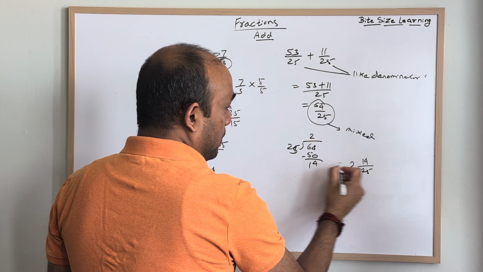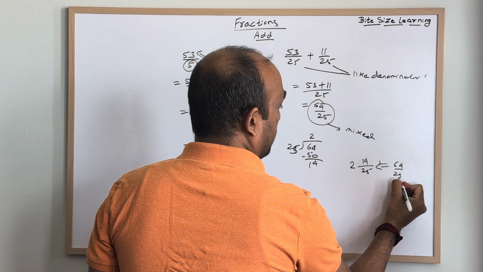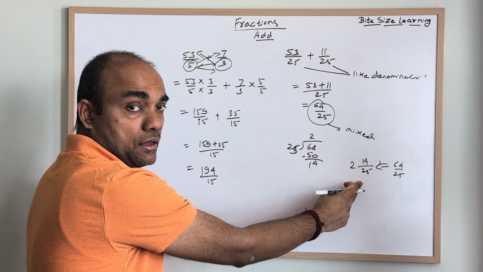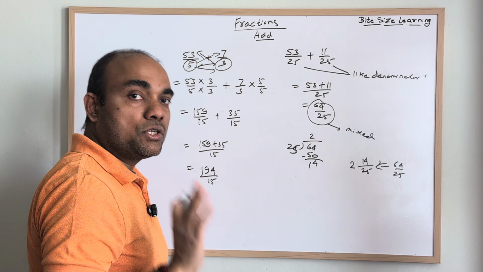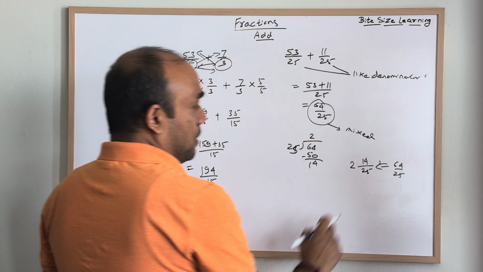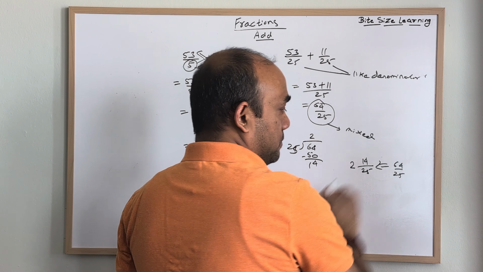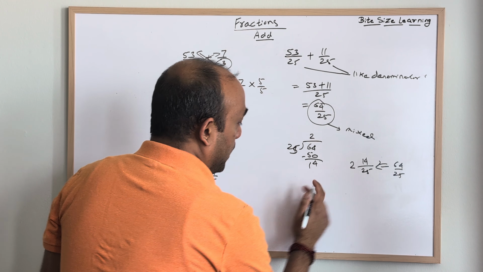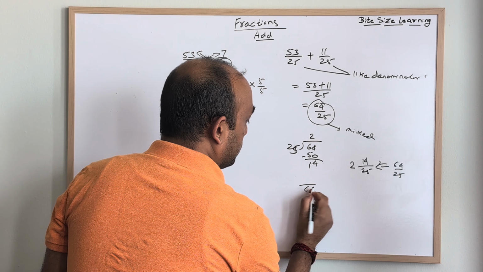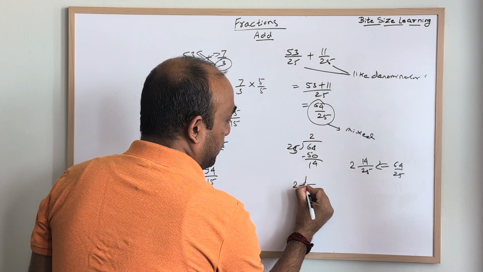So remember, this can be written as this, and this is called a mixed fraction format. Whenever you have to convert an improper fraction into a mixed fraction, write the divisor at the bottom, the quotient here and the remainder here.